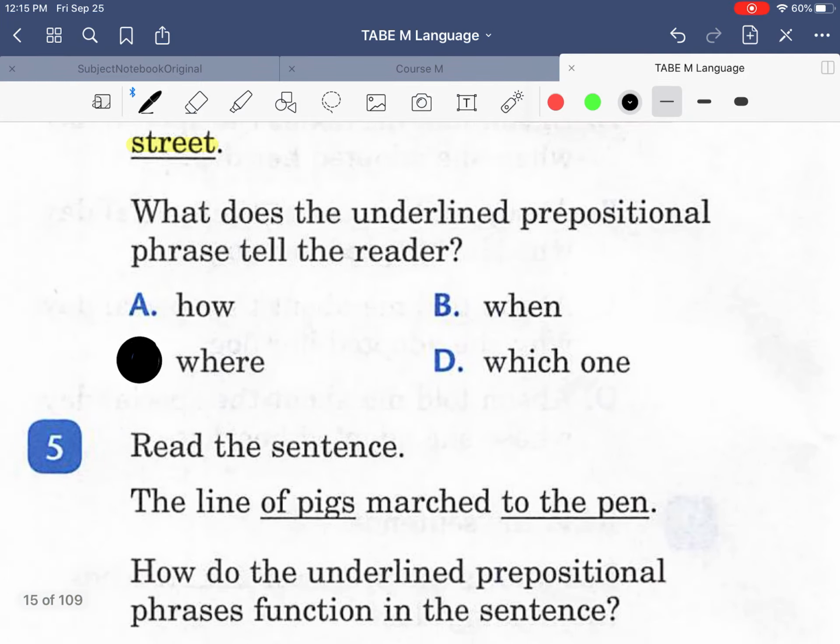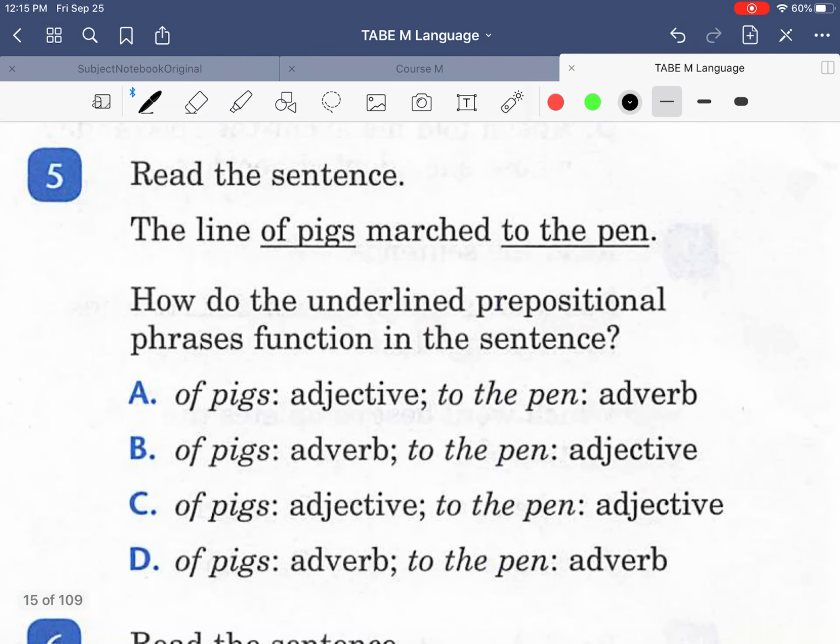Okay, number 5. Read the sentence. The line of pigs marched to the pen. So here's a prepositional phrase. Here is a prepositional phrase. This one is telling me about the line.